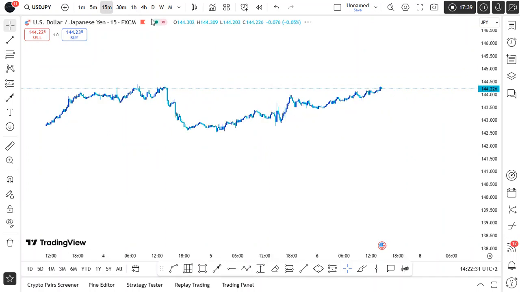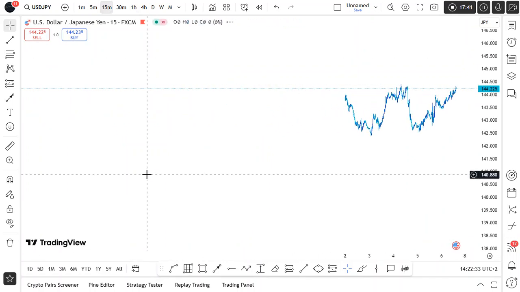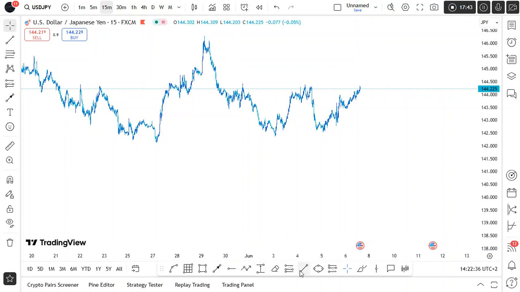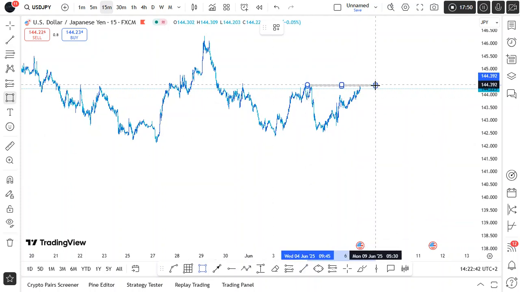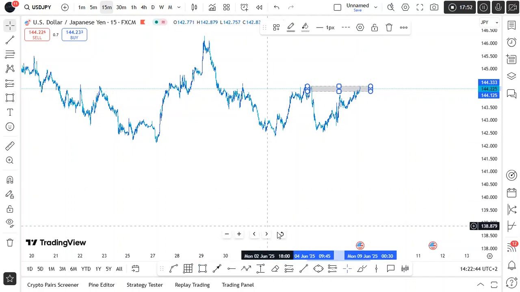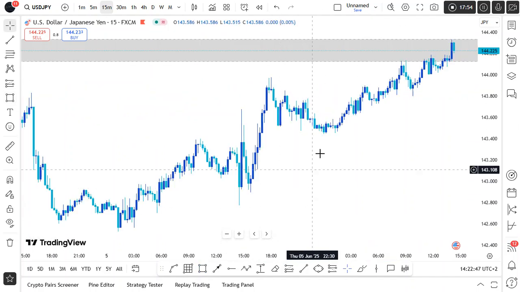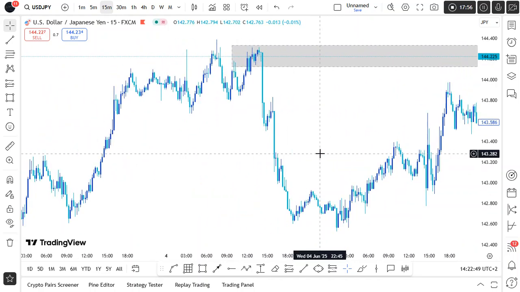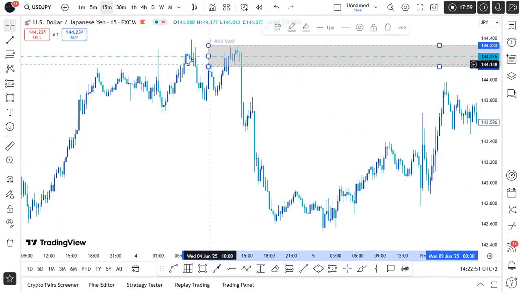Then I jump to the 15. So on the 15, we have it in a clear vision. I'm just going to go to this recent market.